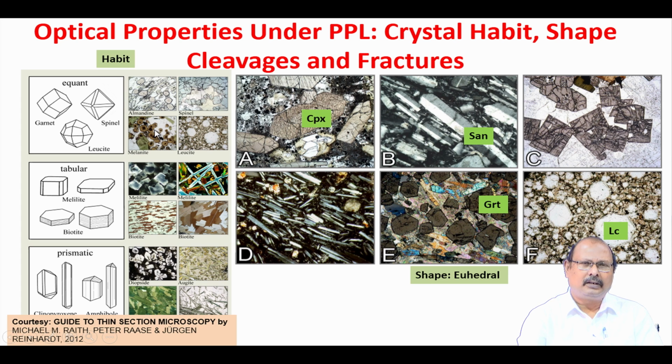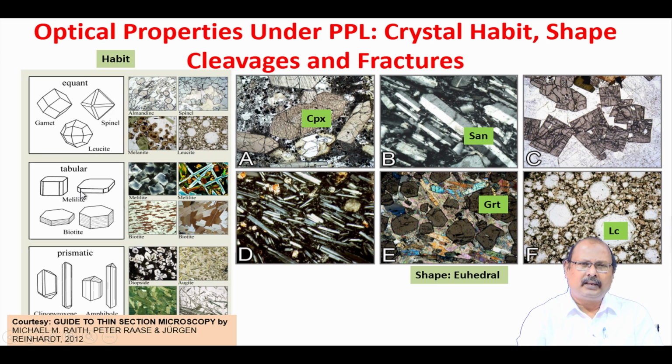for example garnet, and there will be other minerals which are tabular shaped here. So, tabular shaped minerals are just like tablets. So, if you have a section perpendicular to the C crystallographic axis, you will have a broadly square shaped crystal.